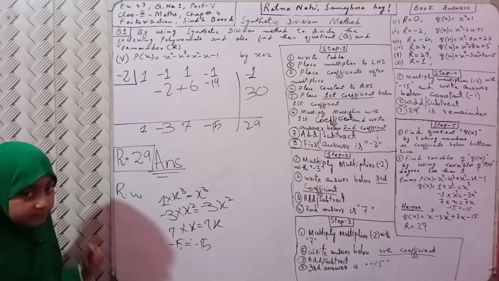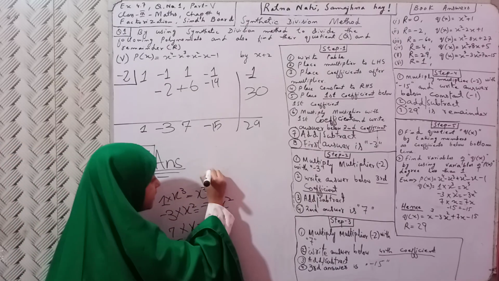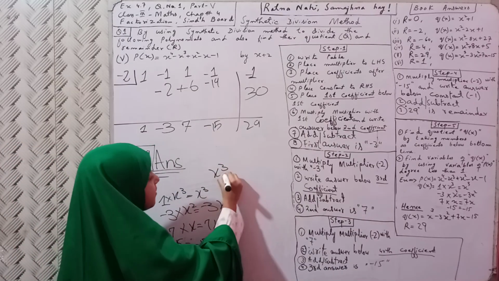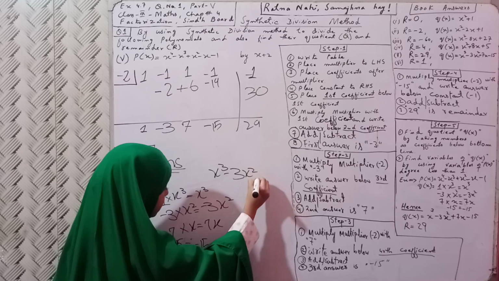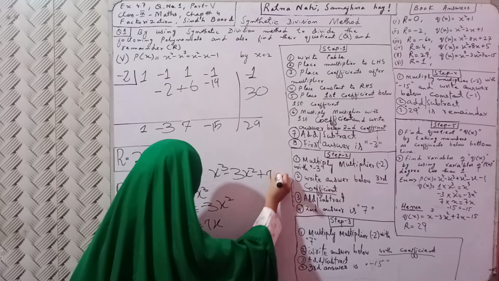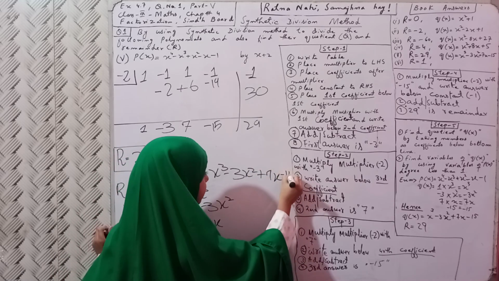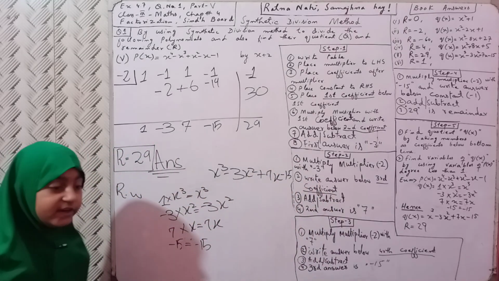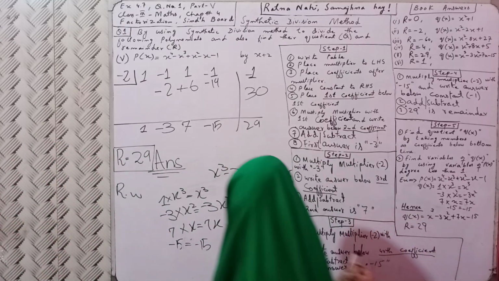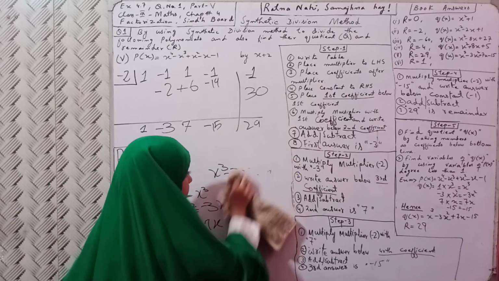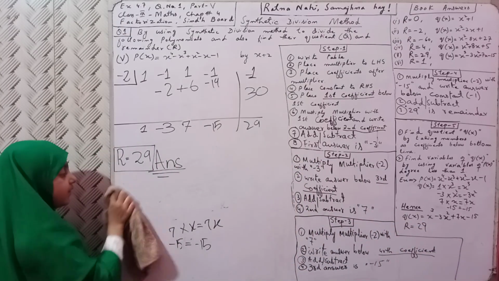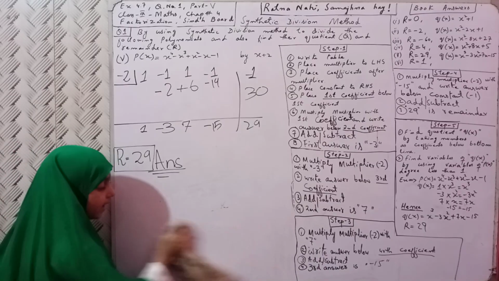Now we have found this. So x cube minus 3x square plus 7x and minus 15 we have found. We have done the rough work. Now we are going to remove it. You have noted now. Can I remove it?